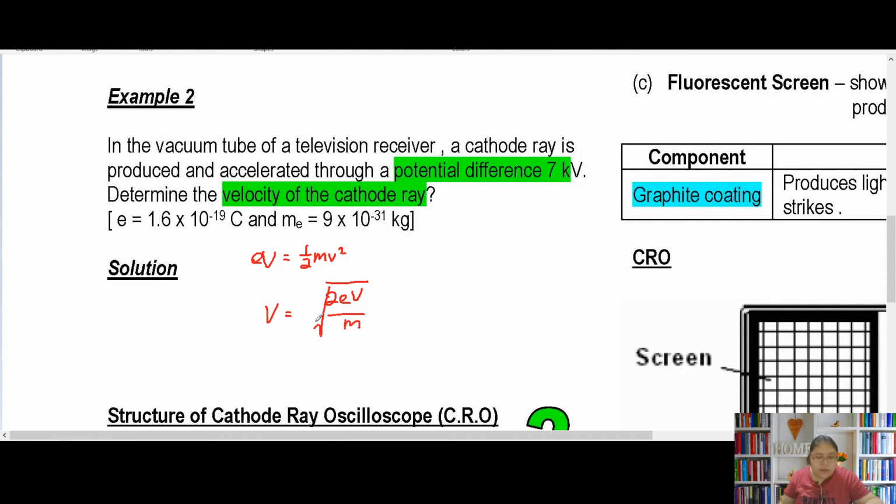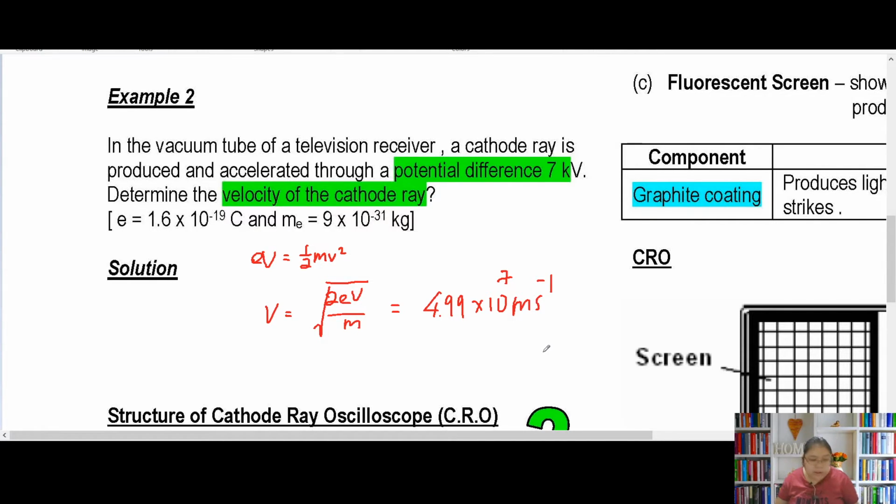You must convert this to 7,000. So finally I get the answer after square root, 4.99 times 10 to the power of 7 ms negative 1. So this is the final answer for the velocity of the cathode ray.